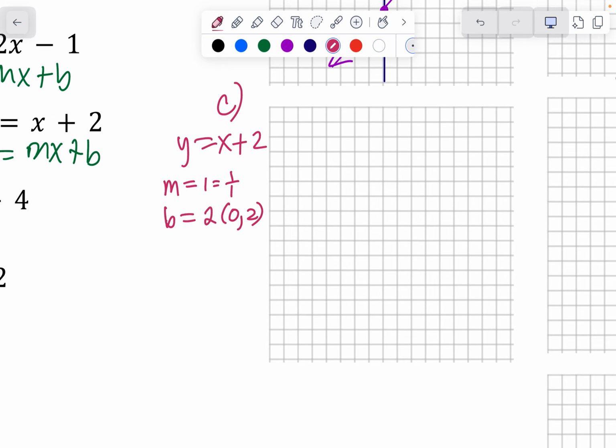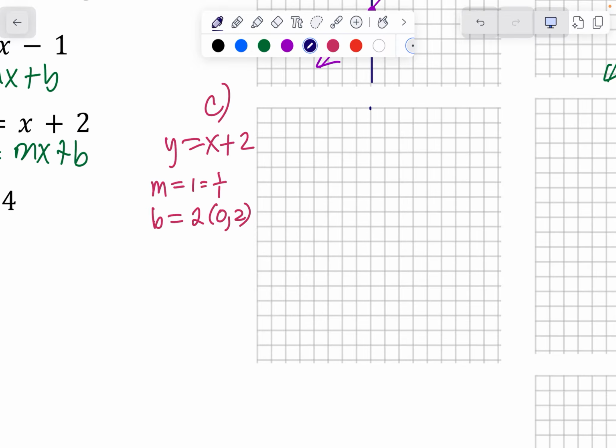So let's make our grid. Where do we start? What point do we start at? 0, 2. We know we hit the y-axis at 2. That's our y-intercept. Put the dot down. So that's your starting location, okay?